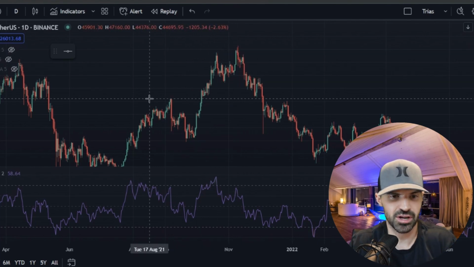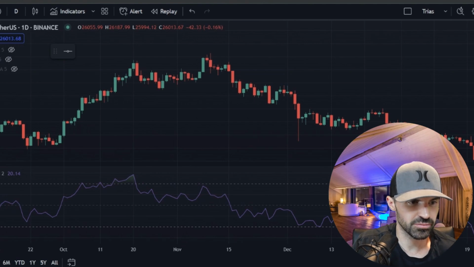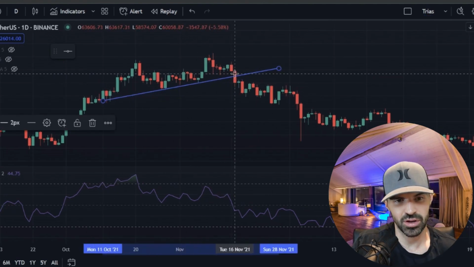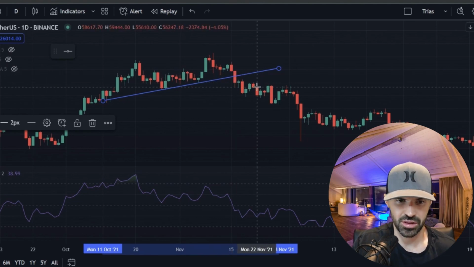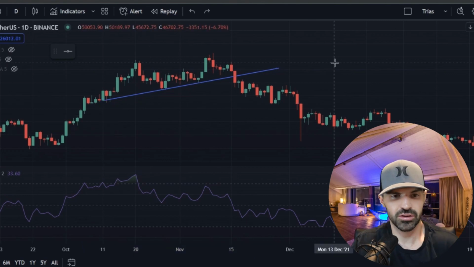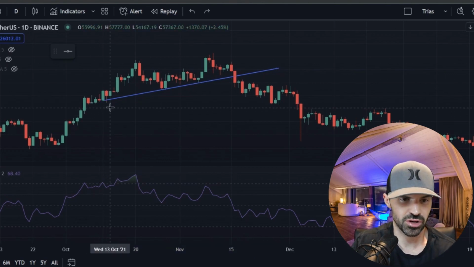So in this scenario, you could draw a trend line. And as you can see, as the price broke this trend, the price completely sold off. So it gives you the indication on when to look for a trend reversal.